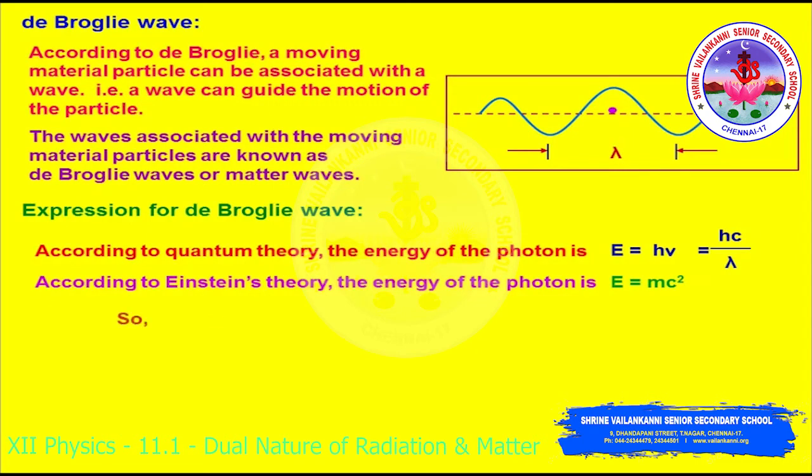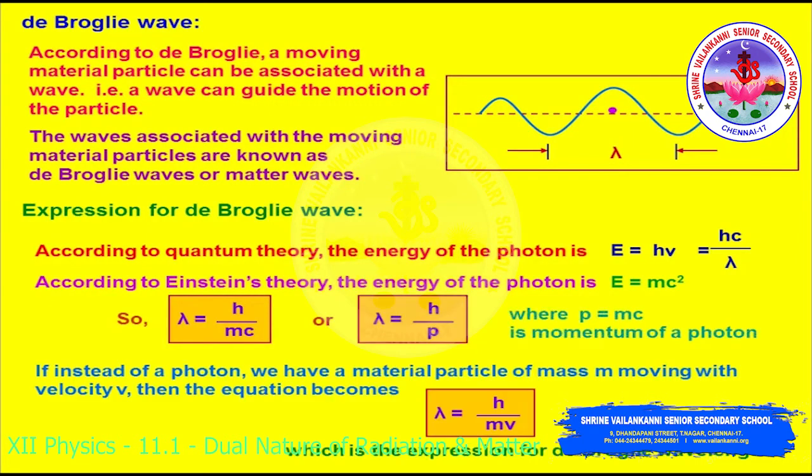Now we can see that lambda is equal to h by mc, or lambda equal to h by p, where p equal to mc is the momentum of a photon. If instead of a photon we have a material particle of mass m moving with velocity v, then how will the equation change?